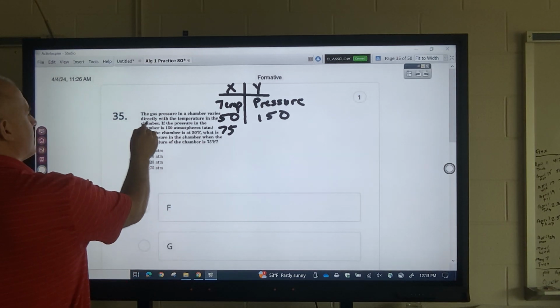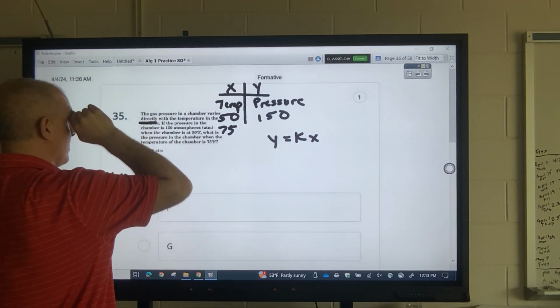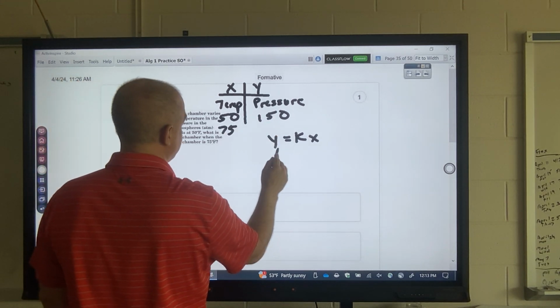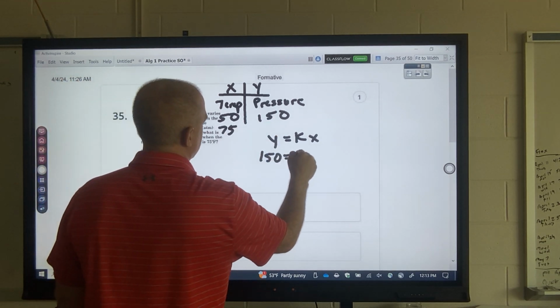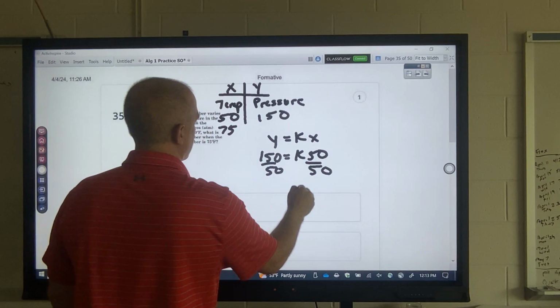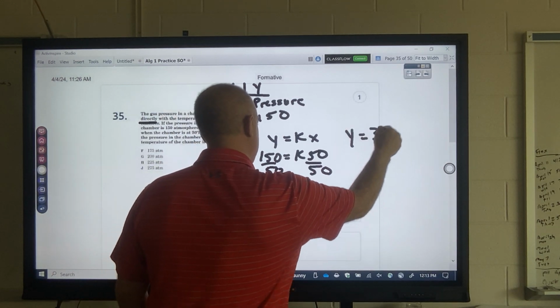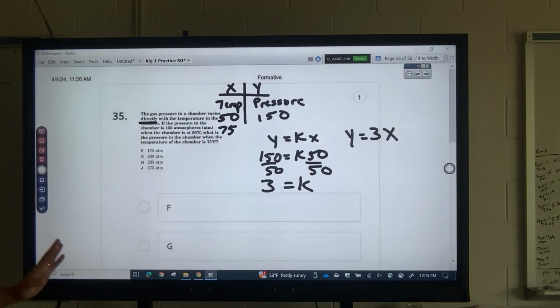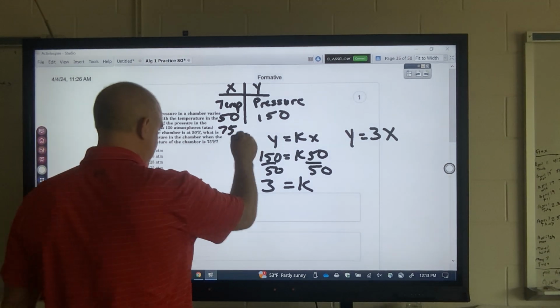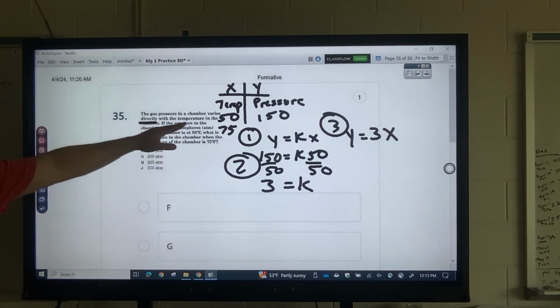So since it says varies directly, y equals kx. Put my values in. Divide by 50. K would be 3. And I got to rewrite this equation. Now, I got to do these 3 steps every time. This, this, this.